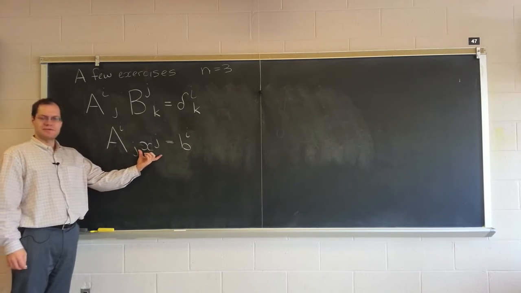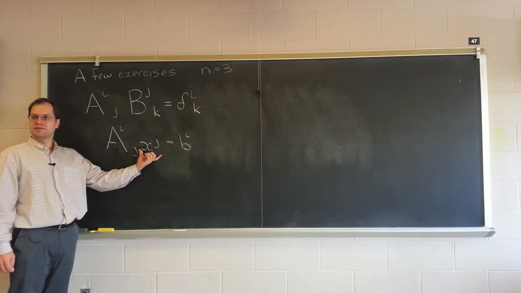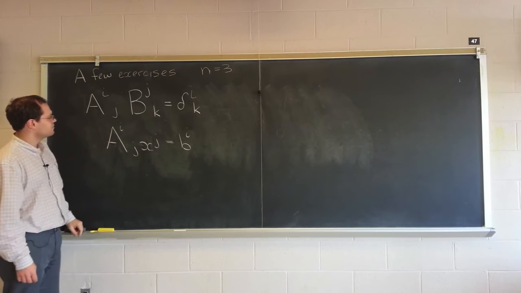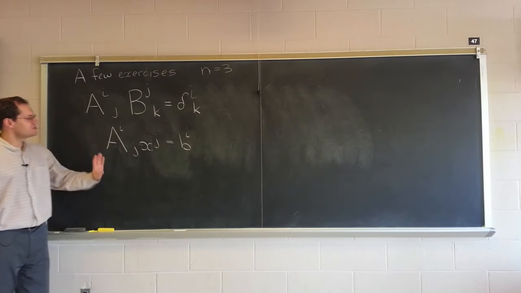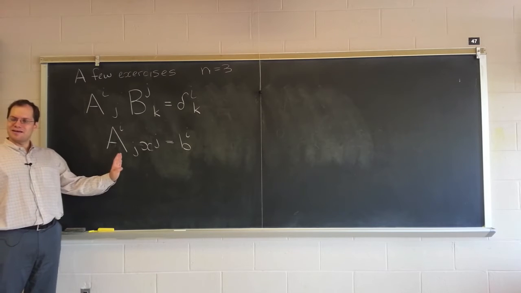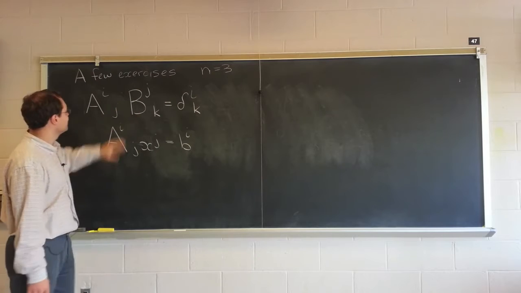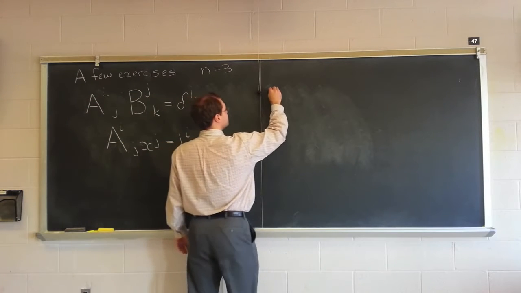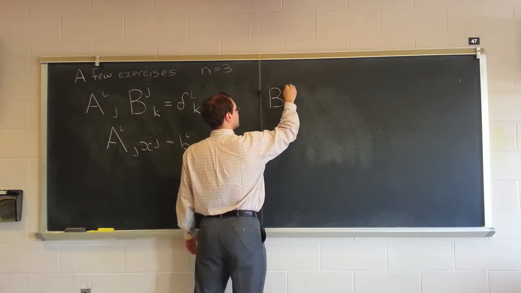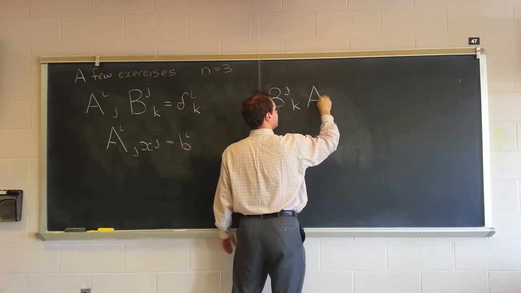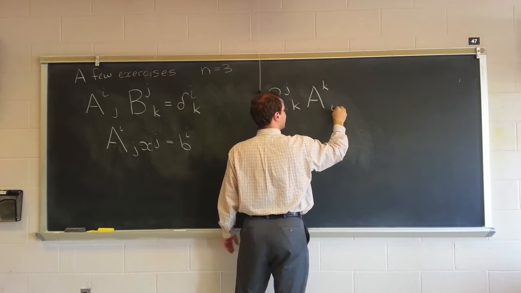And I want you to be able to tell me what x j equals by doing some kind of manipulation with b jk. First, hold on, a pre-question. Given this, what is b jk a ki?